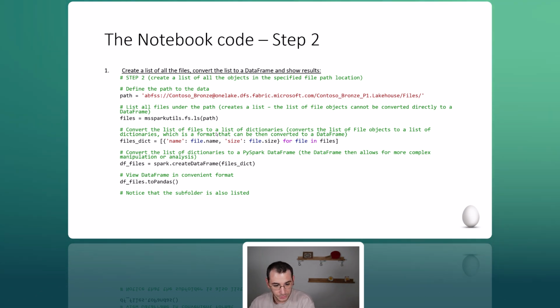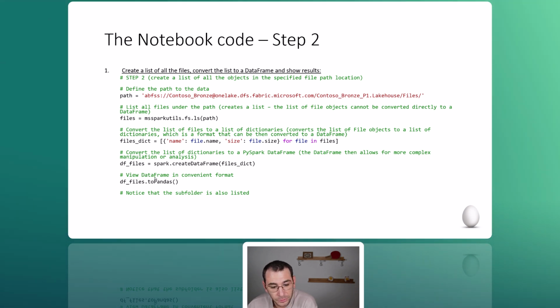Then we're going to save this to a data frame. The data frame is called df files, we have to convert it. And all we have to do is type spark.createDataFrame and the files dictionary, which we defined earlier again, which will create that dictionary or list with all the files with the information we extracted.